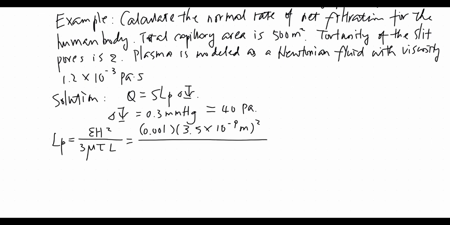Mu, the viscosity, is given in the problem statement. The tortuosity is true. The length of the pore is the thickness of the capillary wall, which is 500 nanometer, which is 0.5 micron.